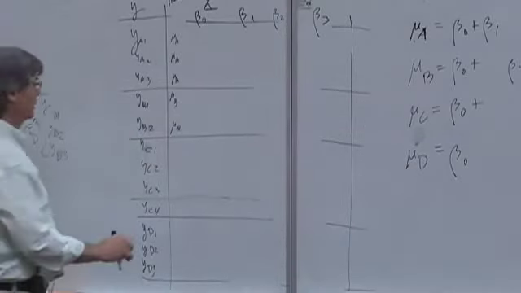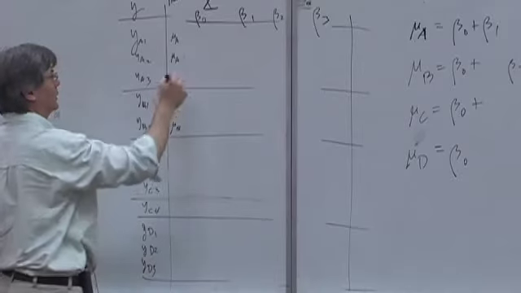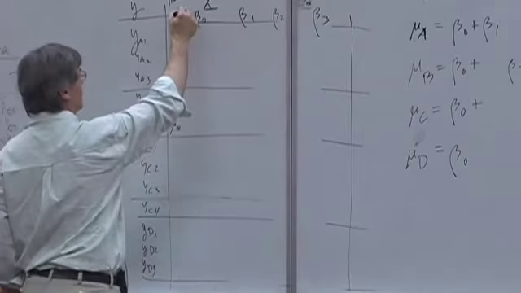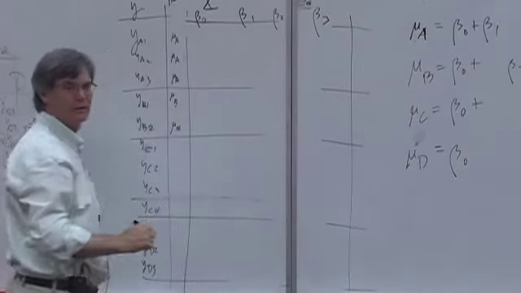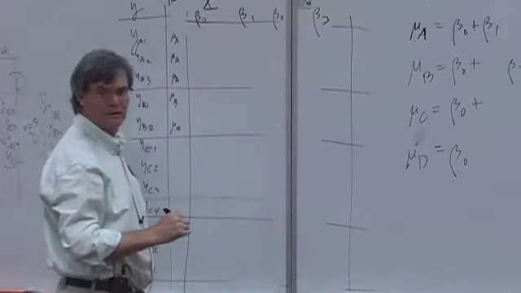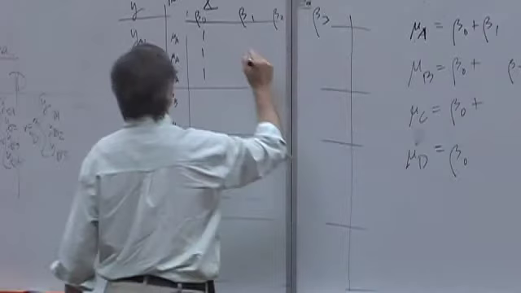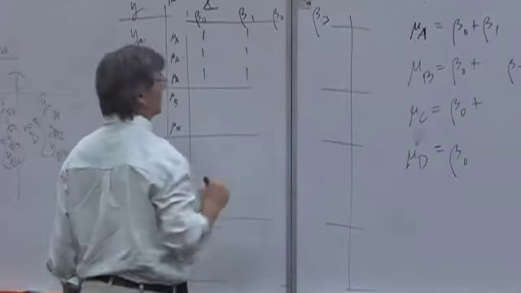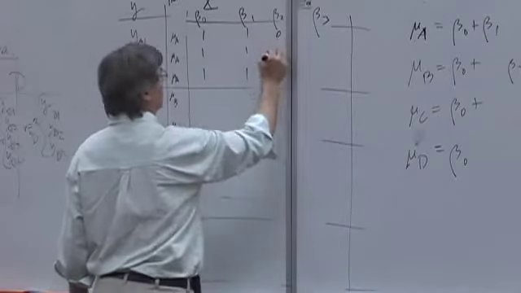This is one way of expressing it, and then in terms of the X matrix, in other words, expressing it as X times beta, a vector of parameters. It's 1, 1, 1. You put coefficients on the betas here, and then there's nothing here.